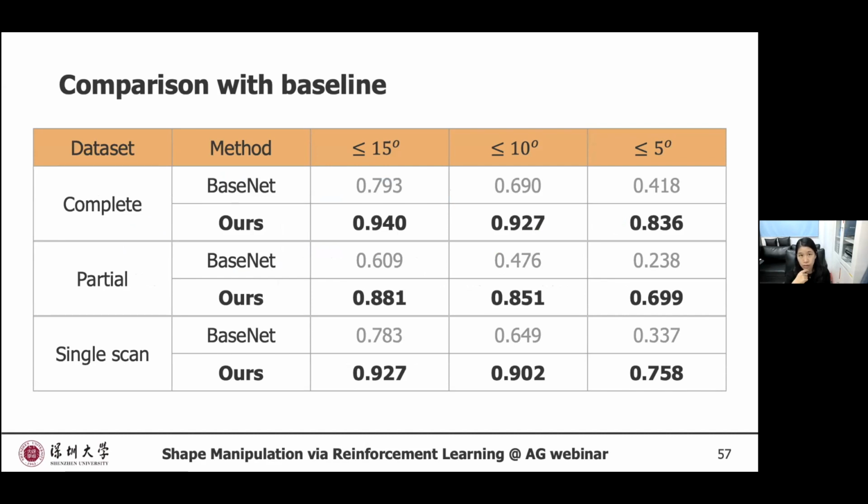I think one possibility is that the shape has too many variations, especially when there are large missing parts, then the simple supervised regression cannot really handle all those weird cases. But for reinforcement learning, it rotates the shape step by step, and somehow it finds a way to a better solution of the upright direction.